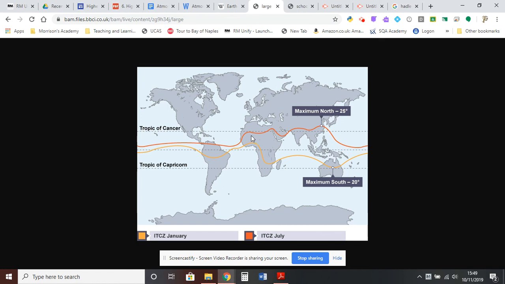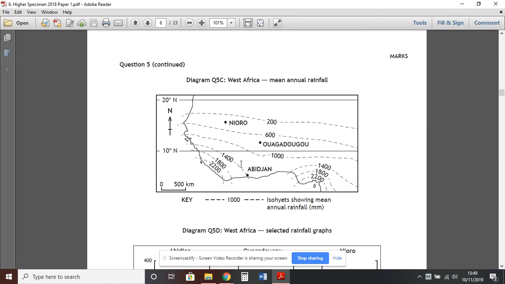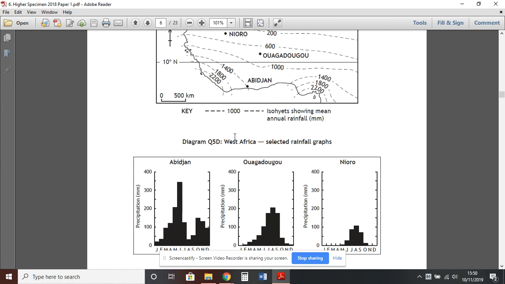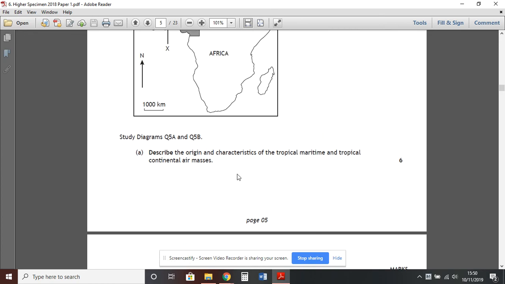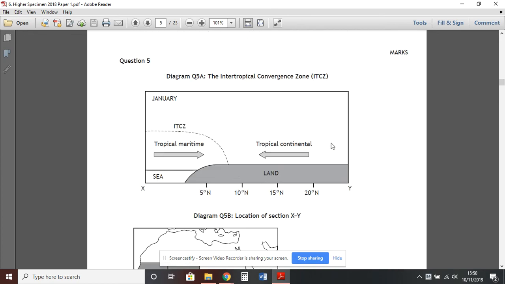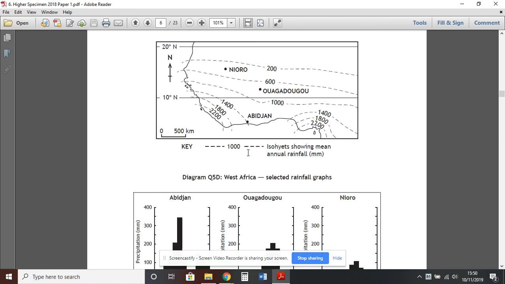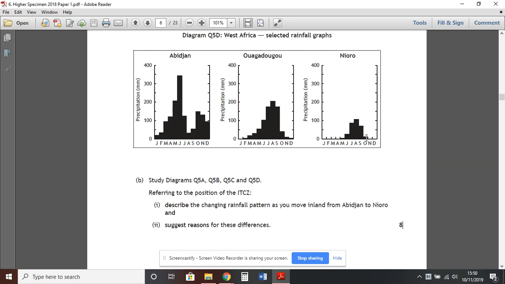And that also explains why this area of Nioro receives so little rain. It's the drying winds from the continental air mass. We can see that in this diagram here, tropical continental air mass. So the winds are coming across the land, drying out the land, and that explains why there's no rain at all for 6 months of the year.